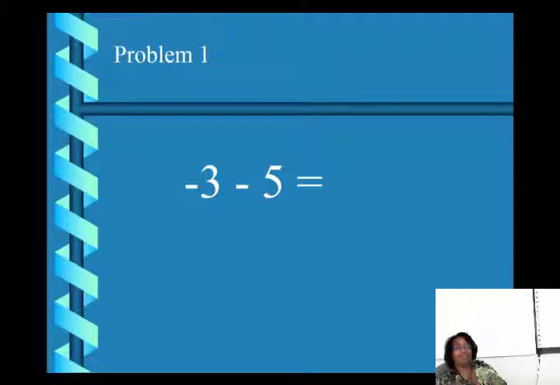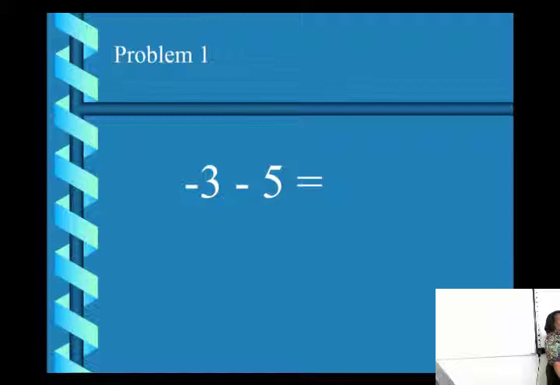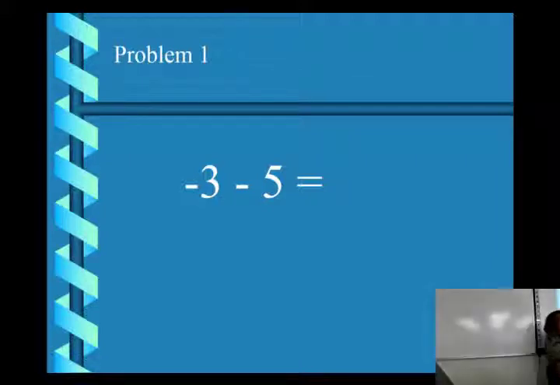So this becomes negative 3 plus a negative 5, which is a negative 8. Your answer is a negative 8 there. On the number line, I go to negative 3, and then I go an additional 5 to the left. I'm going to end up at negative 8.